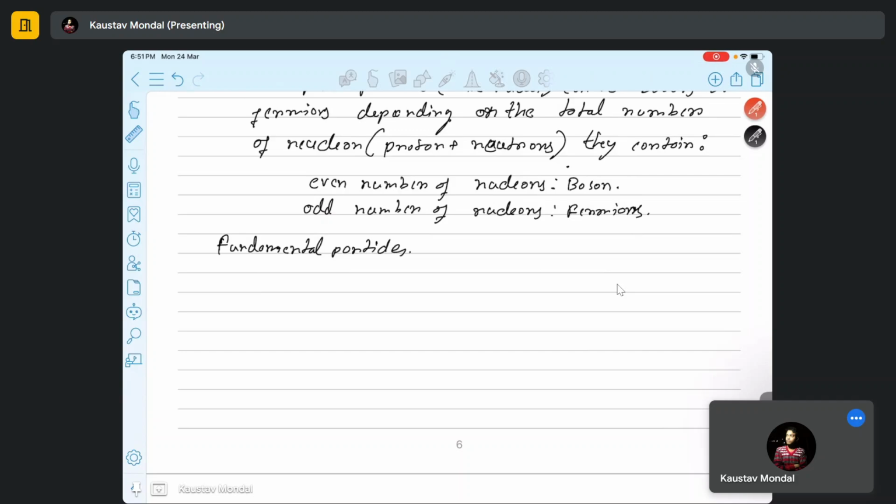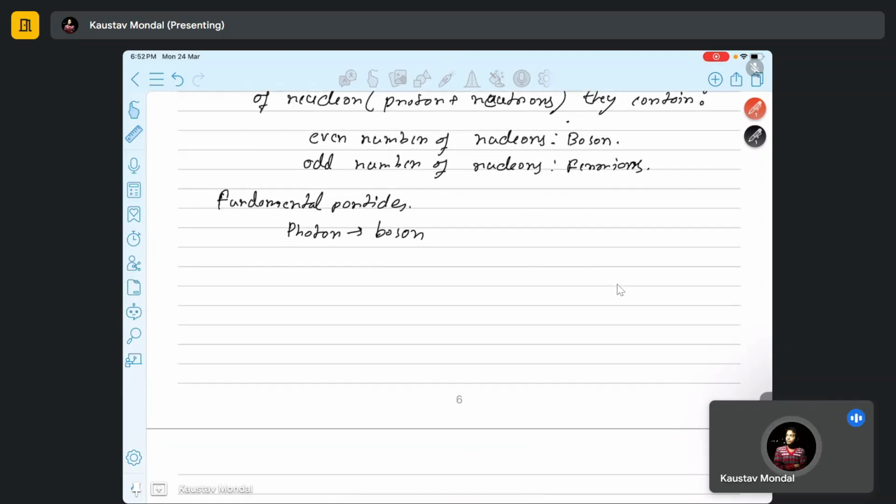Proton is a boson. Electron is a fermion, and proton is also a fermion.